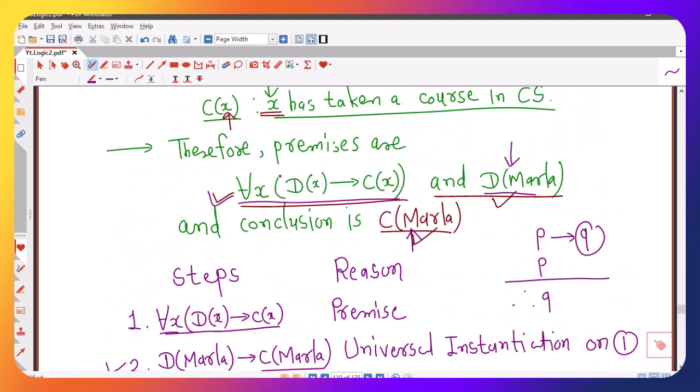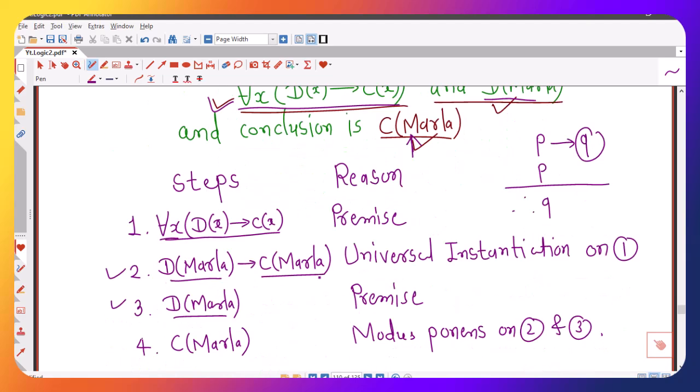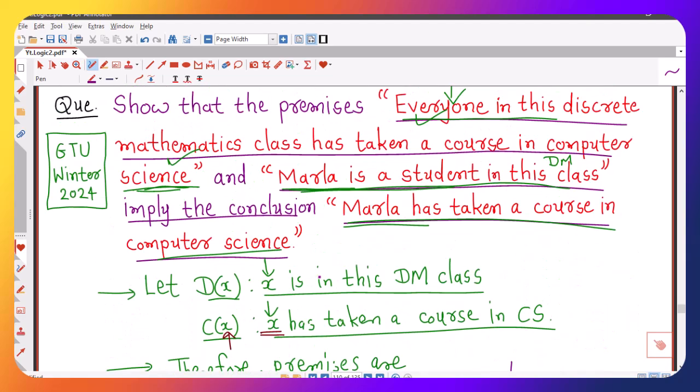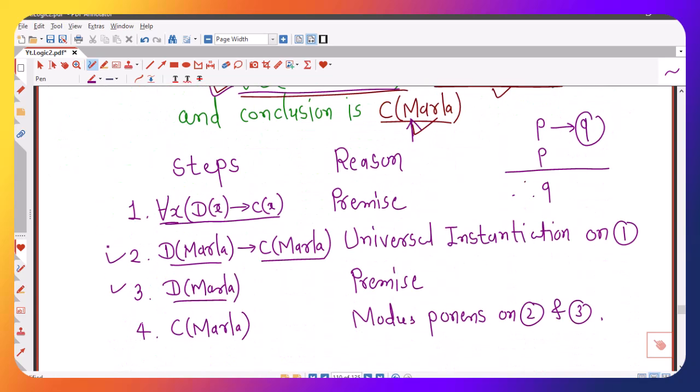So we can say that these two premises imply the conclusion Marla has taken a course in computer science. This is very easy, and it was asked in the GTU Winter 2024 exam.